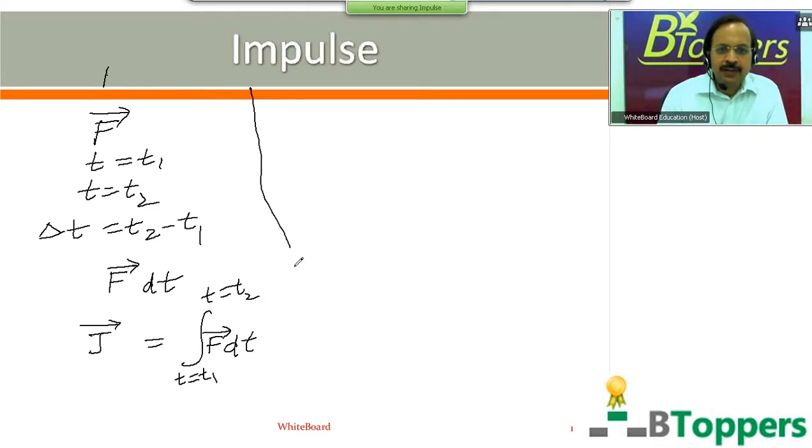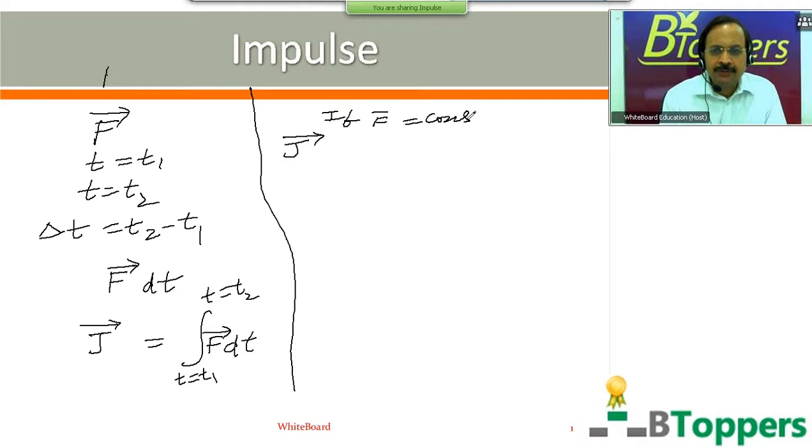Suppose the force F bar is constant. In some of the problems we deal with, the force may be assumed or given to be constant. So in case F bar, the impulsive force, is constant for the time interval delta t, then J bar you can write as F bar into the integral of dt from t1 to t2.